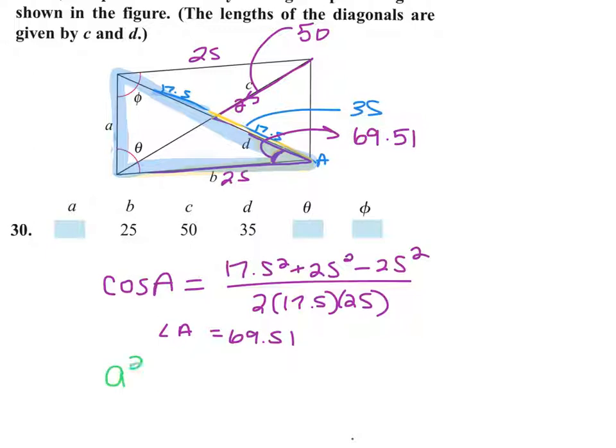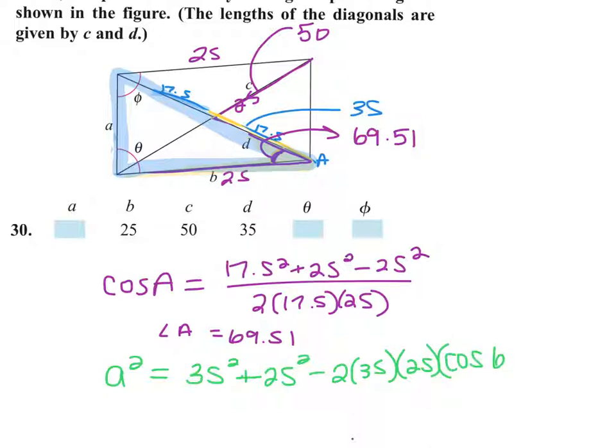So I can say that A squared would equal 17.5 plus 17.5, which is my original diagonal, sorry, 35, squared plus 25 squared minus 2 times 35 times 25 times the cosine of 69.51. So square root of 35 squared plus 25 squared minus 2 times 35 times 25 times the cosine of 69.51. So I get A is 35.18.